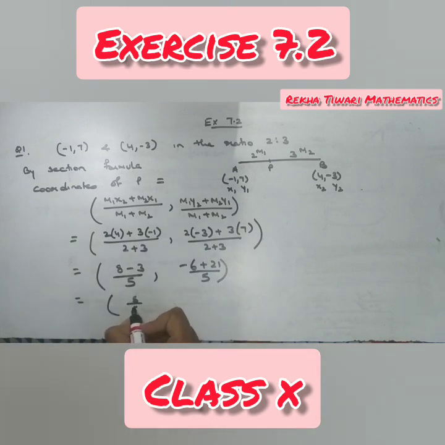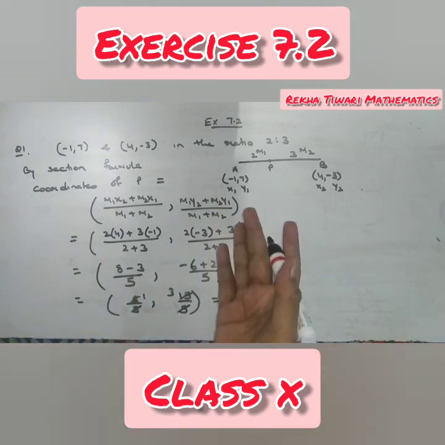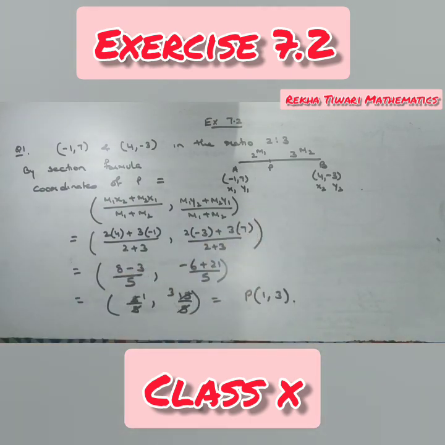This is 5 by 5, comma 15 by 5. And if you cancel this, it comes out to be P(1, 3). So the coordinates of the point of division are (1, 3). I hope it is clear. You can solve this separately also. You can find out the coordinates of x separately, the coordinates of y separately, and then you can combine these two. But this is the best way to solve the question. Move to question number 2.